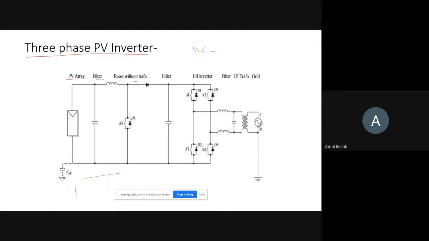There is no difference. In previous topologies, some modifications were shown in the basic H bridge and then the neutral point clamped inverters. For three phase, here they have referred to the bridge topology or full bridge inverters, not the NPC inverters.